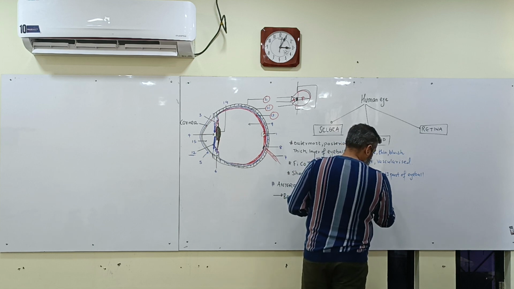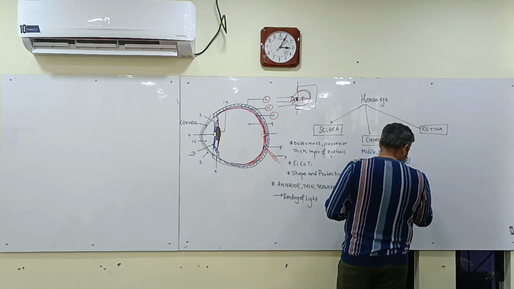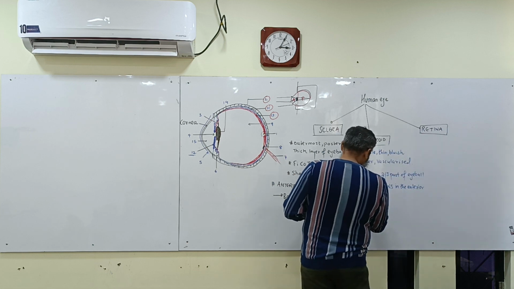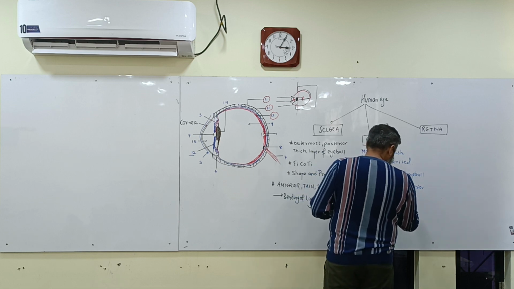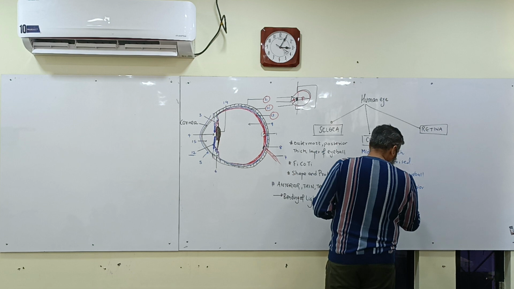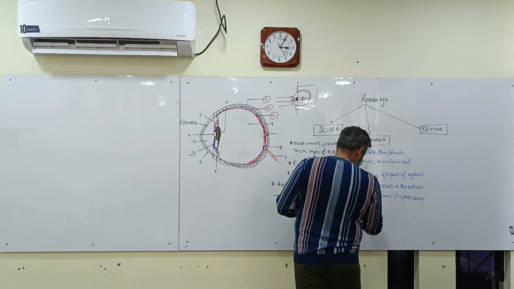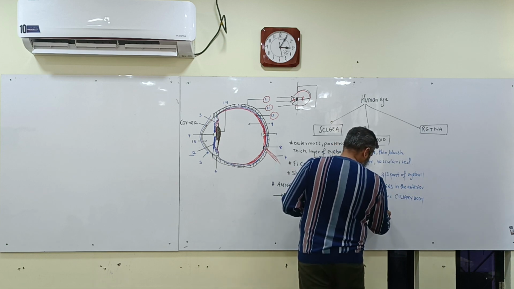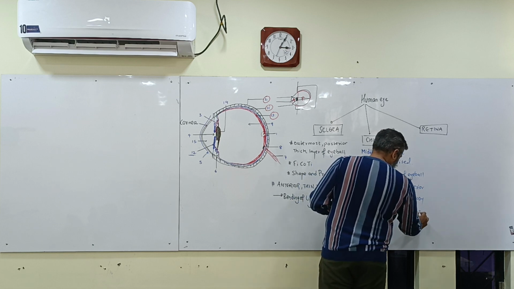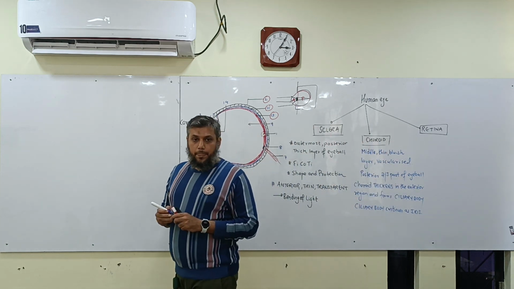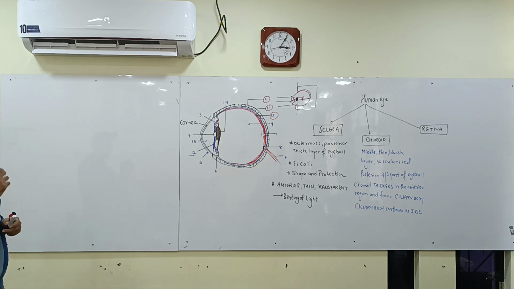The choroid thickens in the anterior region and forms the ciliary body, and the ciliary body continues forward as the iris.